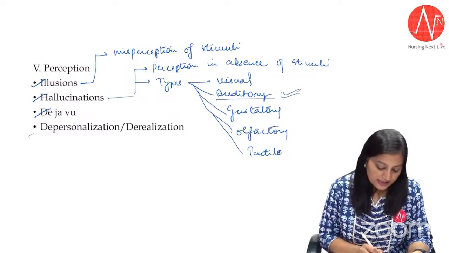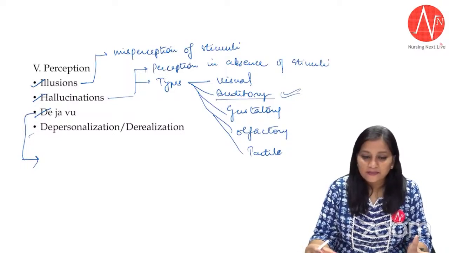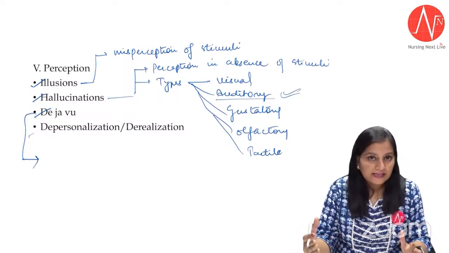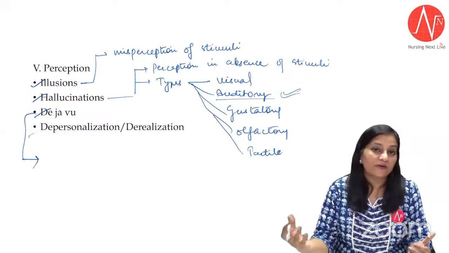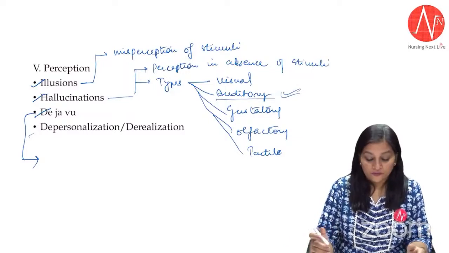Now, deja vu. What is deja vu? It is an interesting thing. This happens with us also. Deja vu means sometimes we feel that whatever we are experiencing at this moment has already happened. We have already experienced it. So this is the meaning of deja vu.